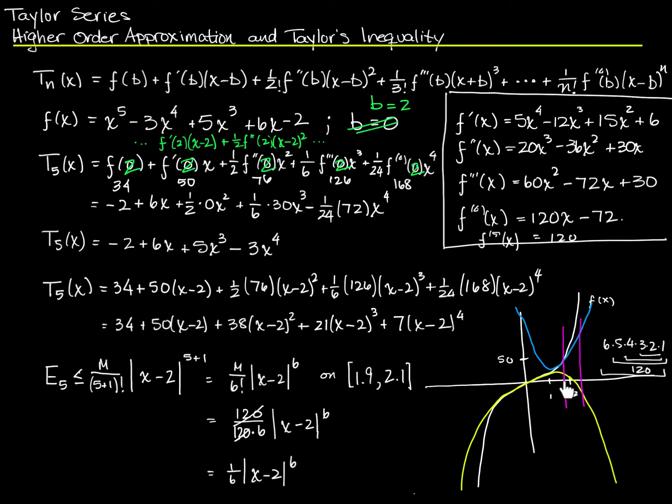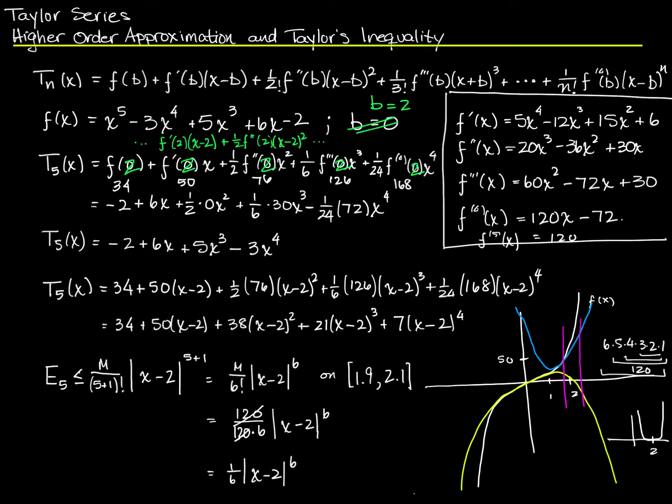Now, at 1.9 and at 2.1, if you graph this thing, I'll just do it off to the side here, around 2, it looks kind of like this. It's very flat across the bottom. And so any values above 0 are going to occur at either of the endpoints. As it happens, the endpoints are the highest values.